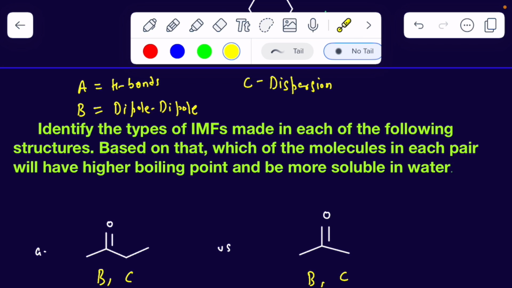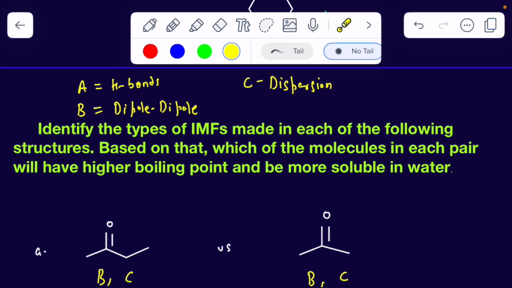Both are making the same type of intermolecular forces, and neither will be able to make hydrogen bonds, because remember, the criteria for hydrogen bonds is that hydrogen must be directly bonded with either fluorine, oxygen, or nitrogen, which you do not see in any of the compounds in question A here.